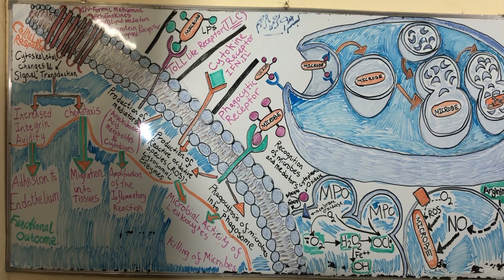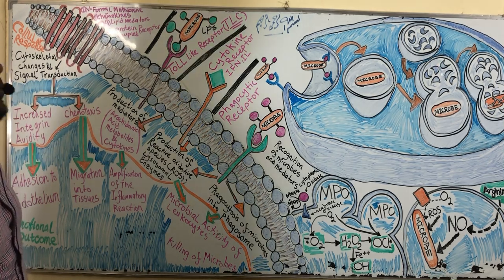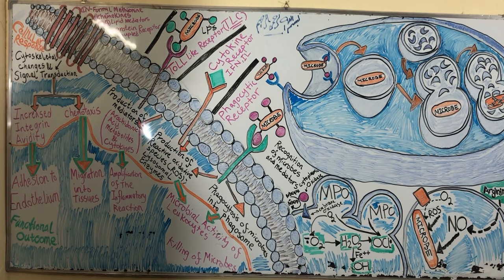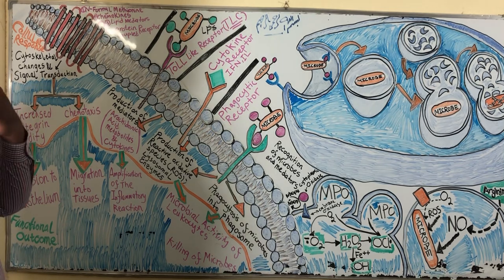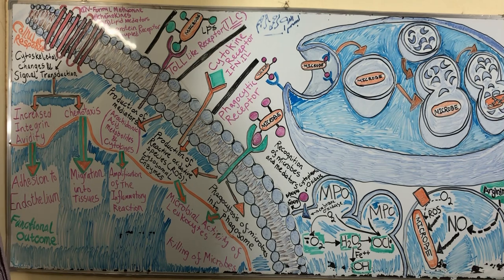We have proteases inside, and we also have reactive oxidative species and nitric oxide reactive species. This reaction is very important because it shows us that at the membrane of these intracellular vacuoles, we have a cytoplasmic oxidase that is inactive.